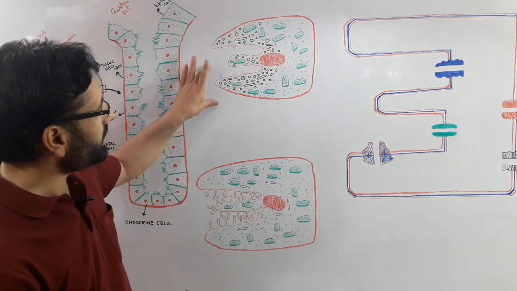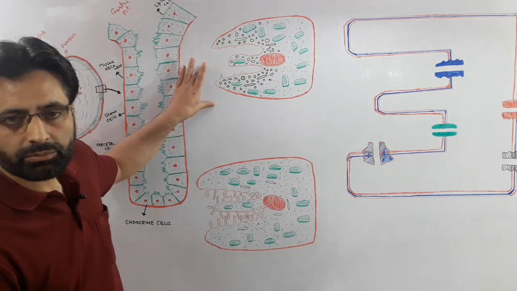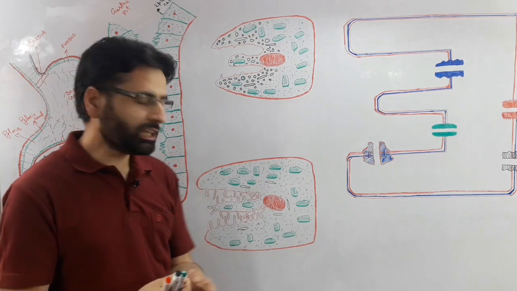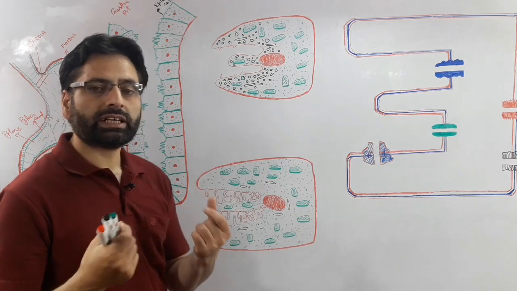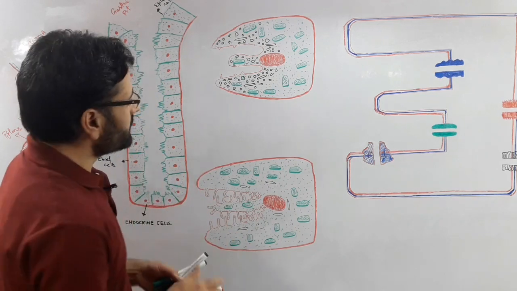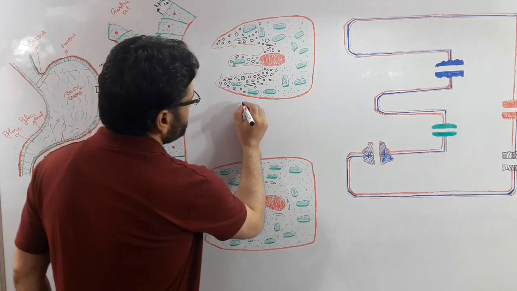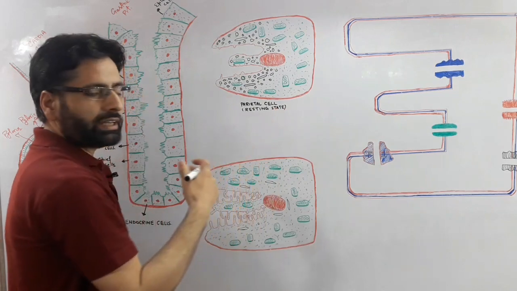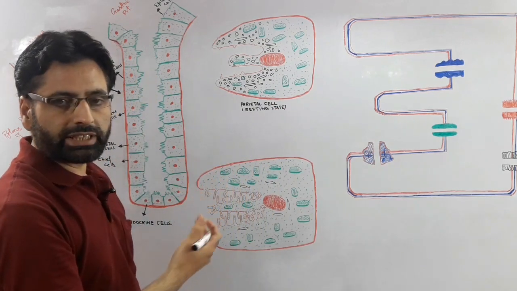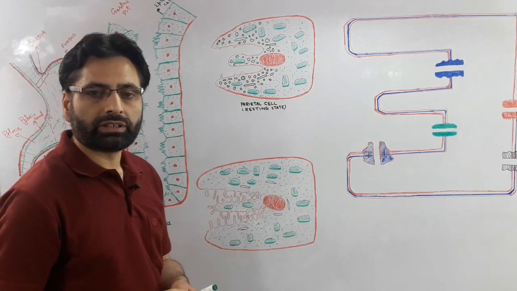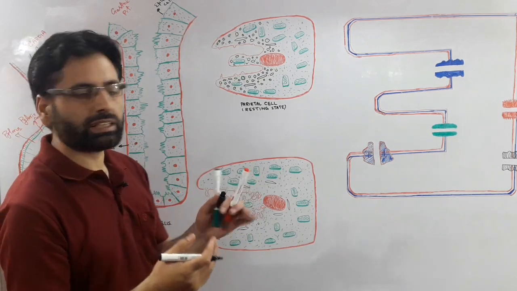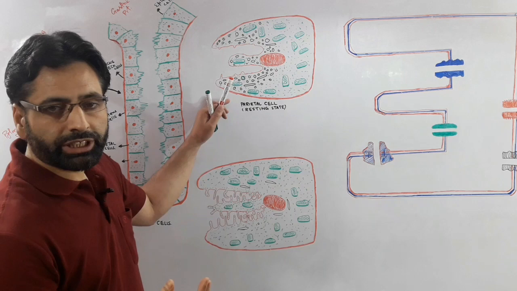Here you can see the parietal cell when it is in the resting state and when it is in the activated state. This parietal cell here is in the resting state. That is the cell when it is not activated. This is the structural features of the parietal cell when it is not stimulated.